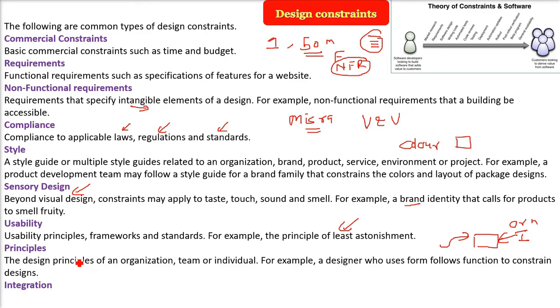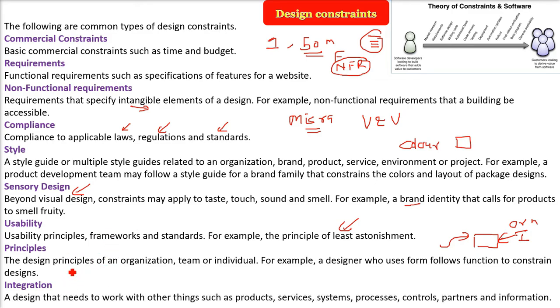Then the integration. What integration means is that when we combine all these things, it can be product, services, system, process, control, partners, information. When they are all integrated, the design should work. So this is also a design constraint, because you might have made something, but can it be integrated and still work?